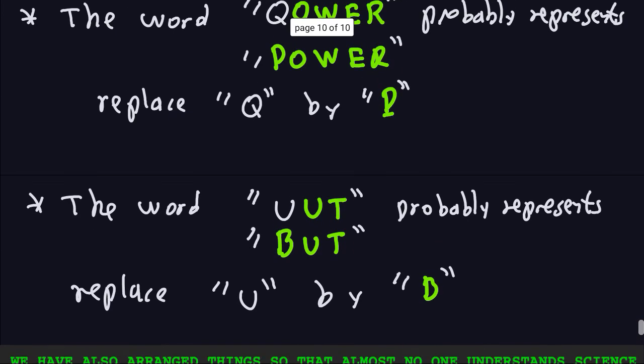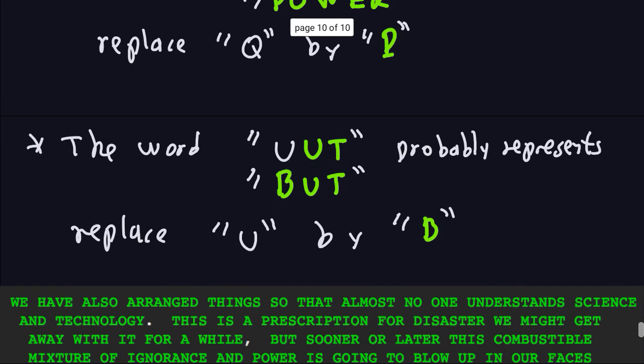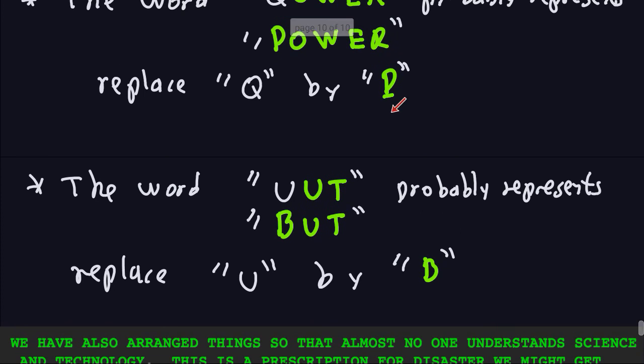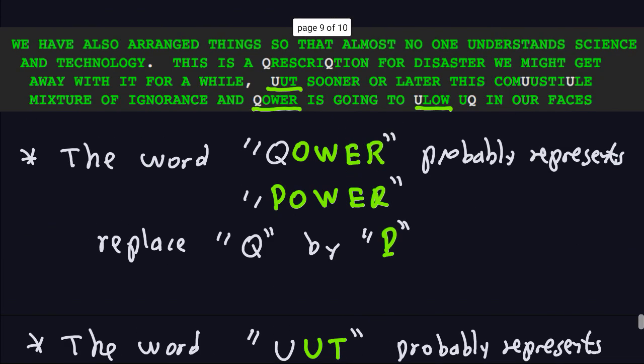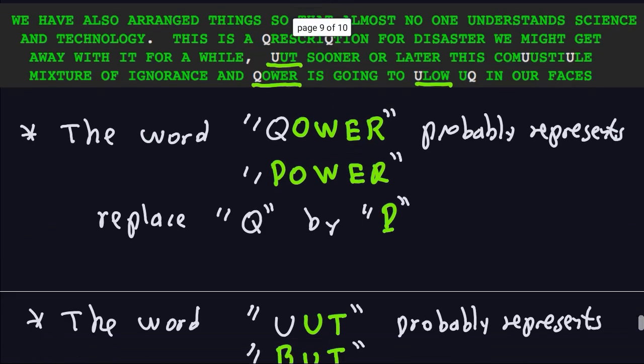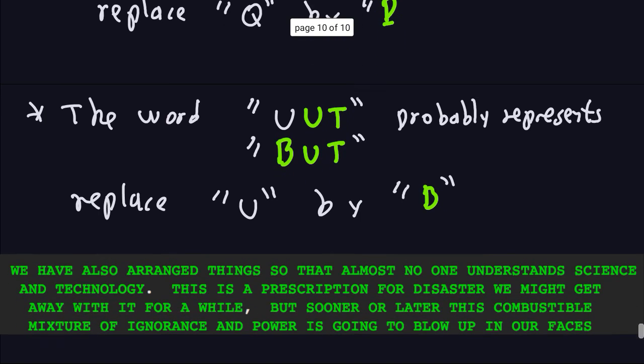So let's just do the replacement for the other ones. If we do Q by P and white U by green B, we replace everything from here. And we actually get what the plain text was.